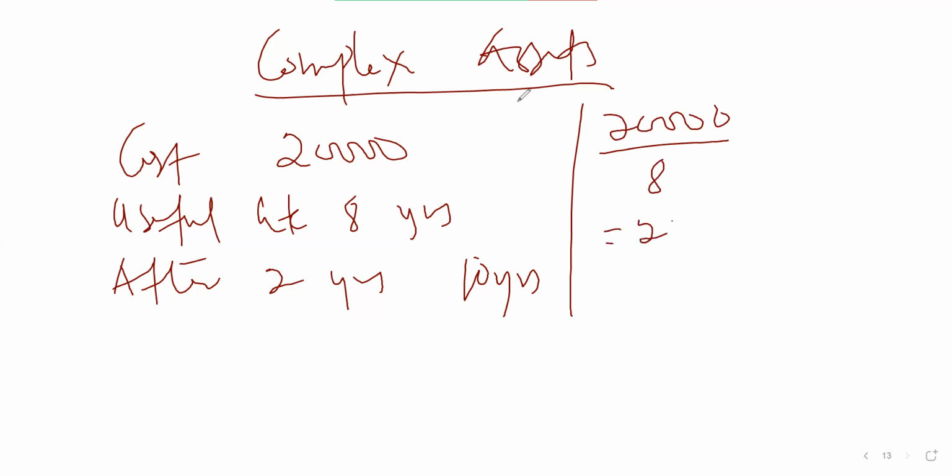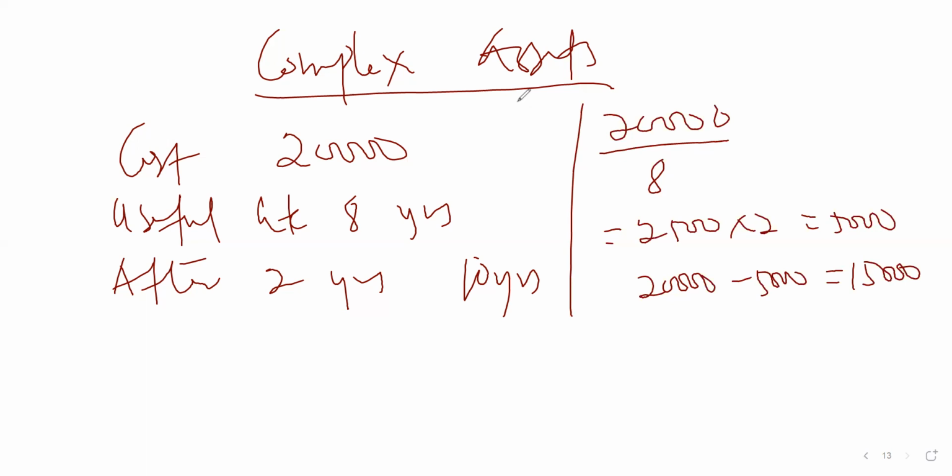At the end of the second year, you deduct that 2,500 times 2 from the 20,000. That will give us 20,000 minus 5,000, which is 15,000. Then I think from the third year going, that 15,000, you now depreciate it using the 10 years.